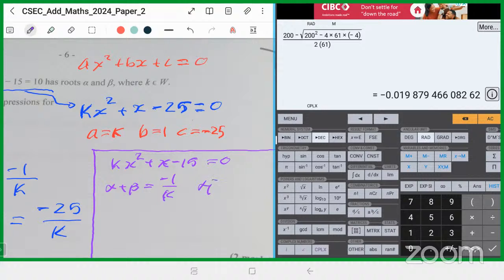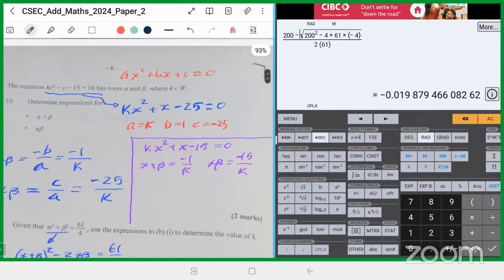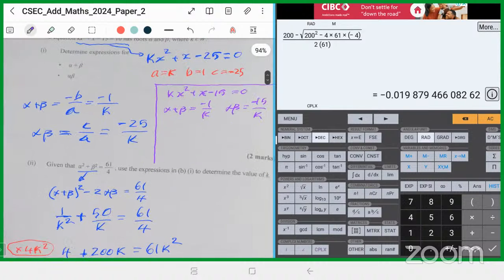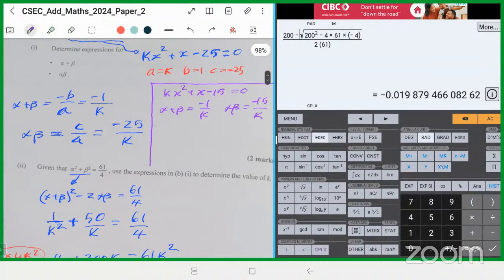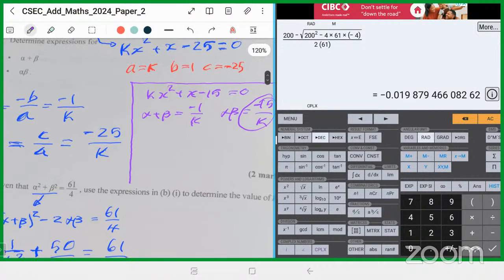And alpha beta still would have been c over a, which is negative 15 over k. And then this equation will come back the same as we have here. But because it's 15, this value would have been different, right?